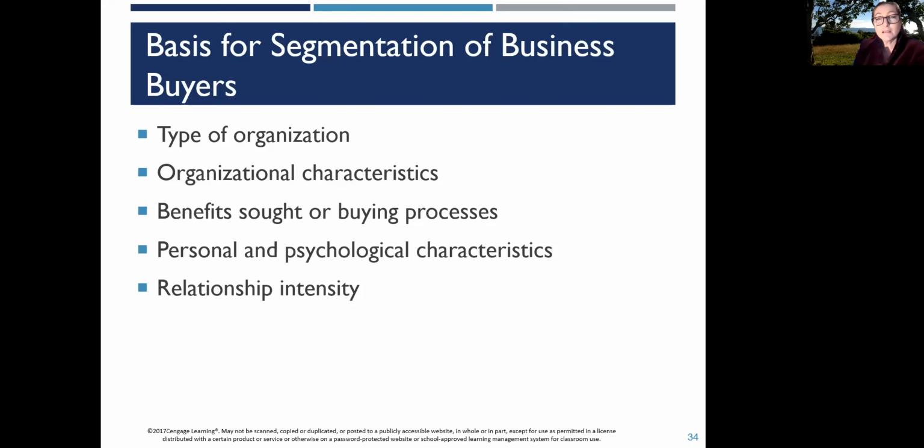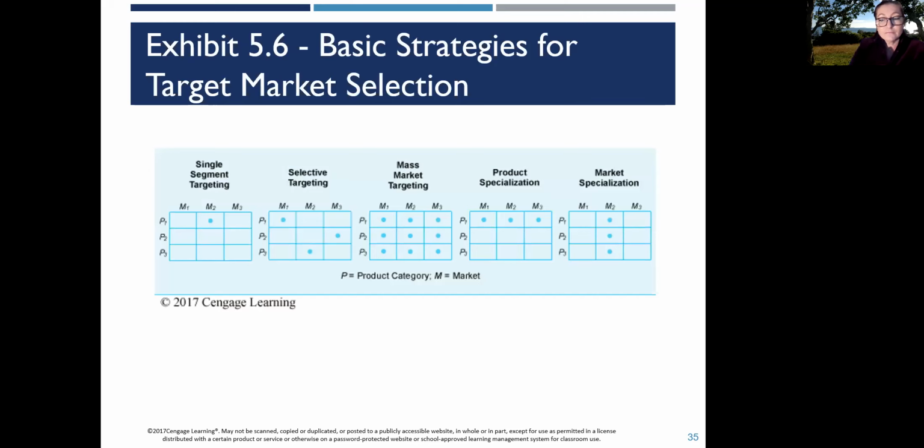When you're segmenting business markets, look at the type of organization, look at the characteristics of the organization, consider the benefits that the organization is seeking, and look at the relationship intensity. All right, so this slide is showing us basic strategies for target market selection.